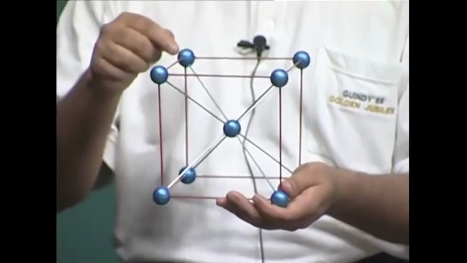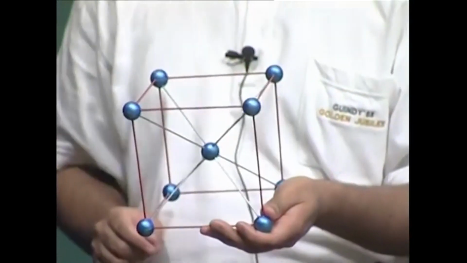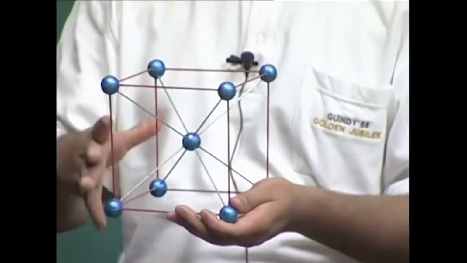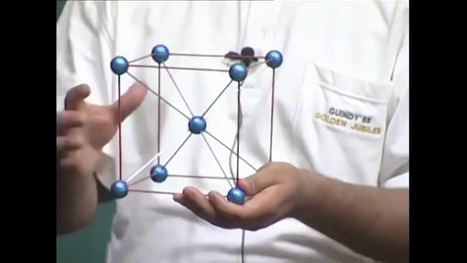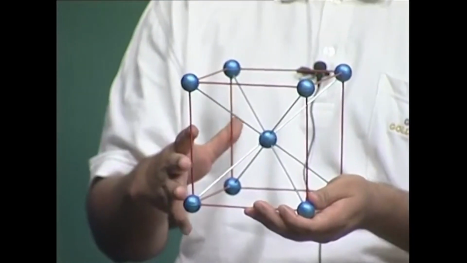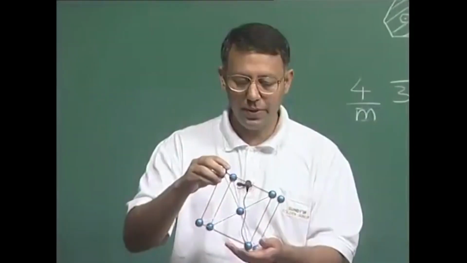So the unit cell itself is made of these red strands. Now as you can clearly see, these 8 points contribute 1/8 each to the cell, totally making 1 lattice point. In addition, there is one in the center which is completely contained within the unit cell, and that has a contribution of 1 to this unit cell, and therefore it has a total of 2 lattice points per cell.